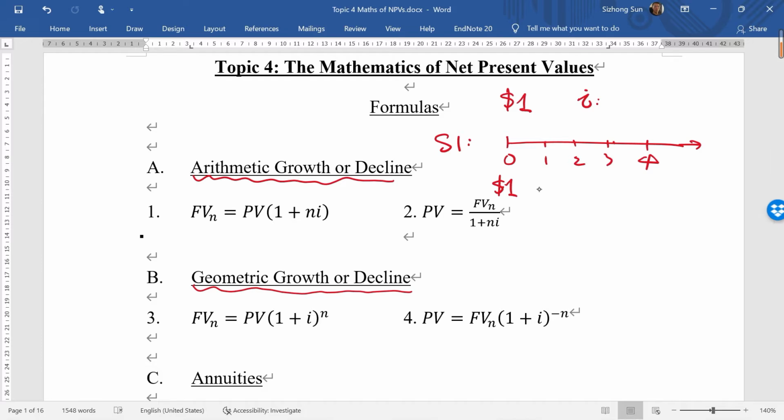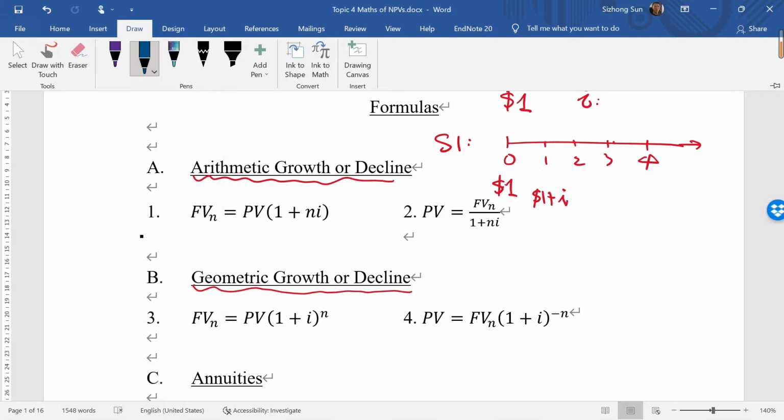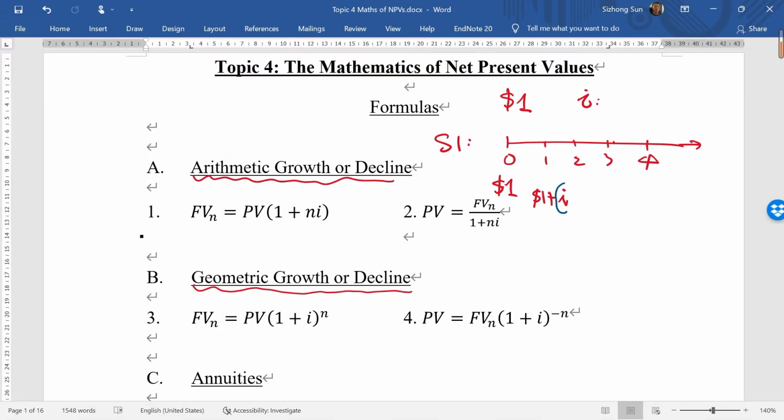At the end of year 1, I get $1 back plus interest, which is i dollars. Okay, if i is 5%, then it's $0.05, 5 cents. And what I'm going to do now is set this aside. I'm going to take this $1 back.